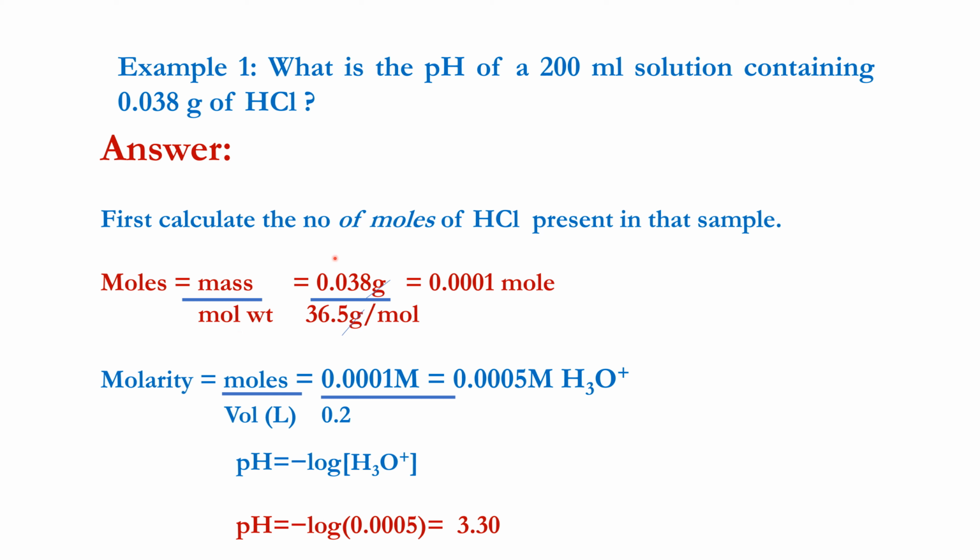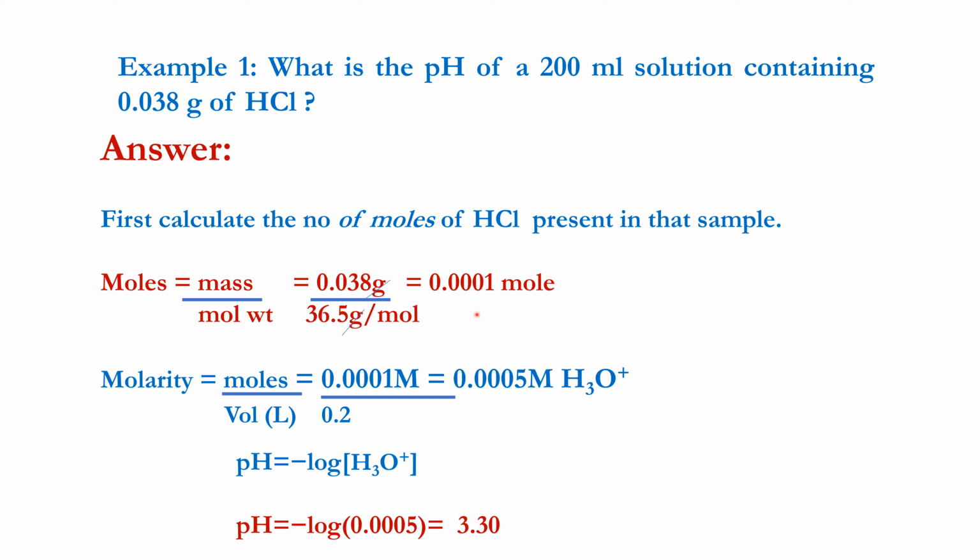So we put in the value for mass that we are given, which is 0.038 gram, divided by the molecular weight for HCl, which is 36.5 gram per mole. So this gram will cancel this gram.